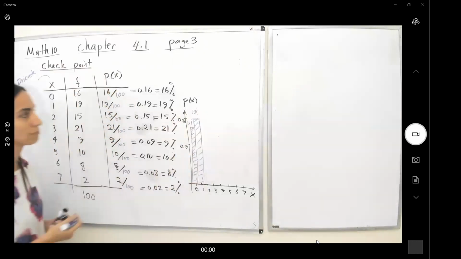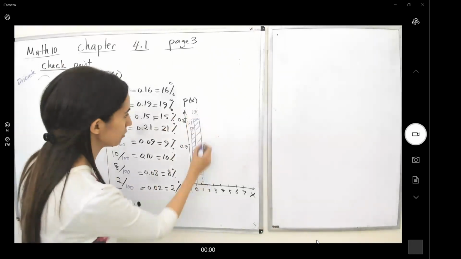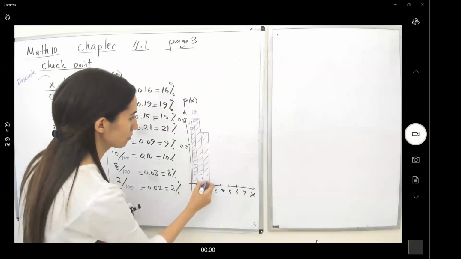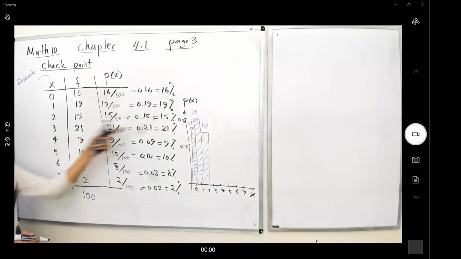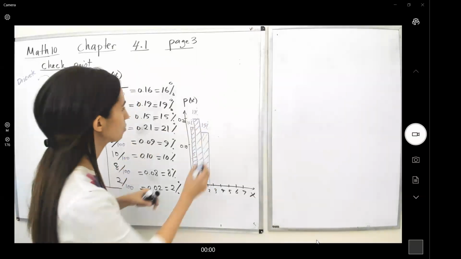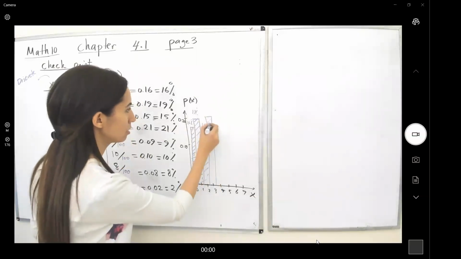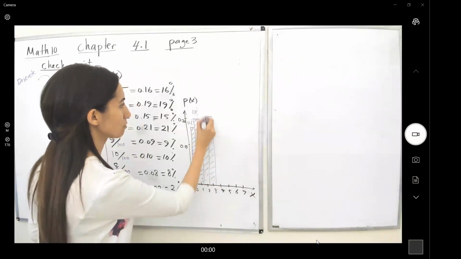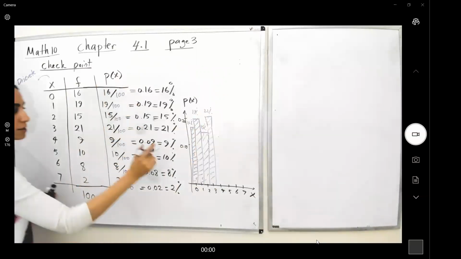The probability that that person sold 2 items is actually 15%. The probability of X equals 3 is 21%. So we can scale that up here. The probability that X is equal to 4 is just 9%.